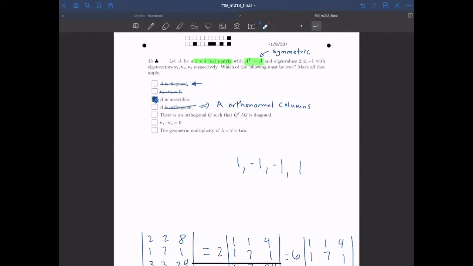Can I hop in again? Sure. So we know that for an orthogonal matrix, all these properties are true, like its inverse equals its transpose, etc. Is that also true for an orthogonally diagonalizable matrix?